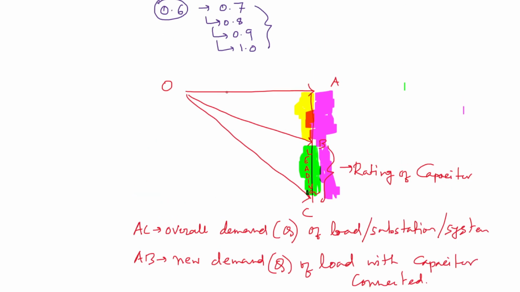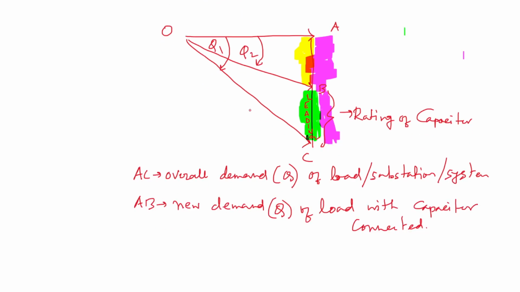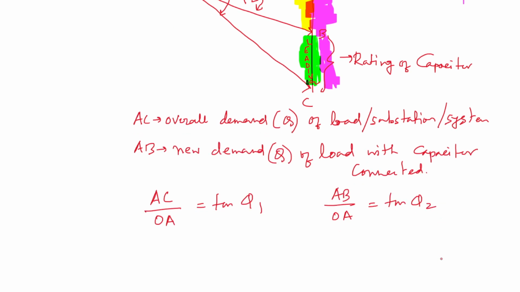And you have, this is phi 1, this is phi 2. So what we can write here is that AC by OA is equal to tan phi 1. Again we can write AB by OA is tan phi 2.